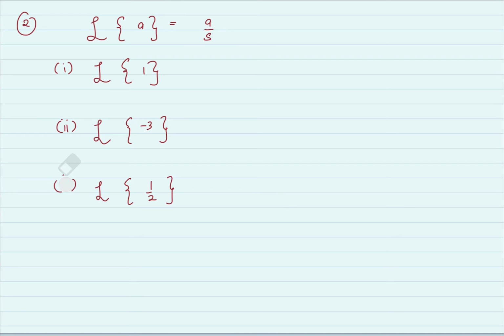Here we know a is a constant, so the Laplace transform of 1 will be 1 over s. The Laplace transform of minus 3 will be minus 3 over s. The Laplace transform of half will be half over s.